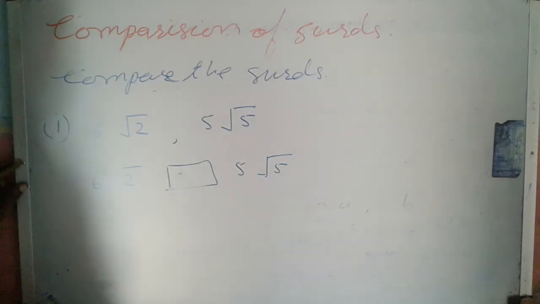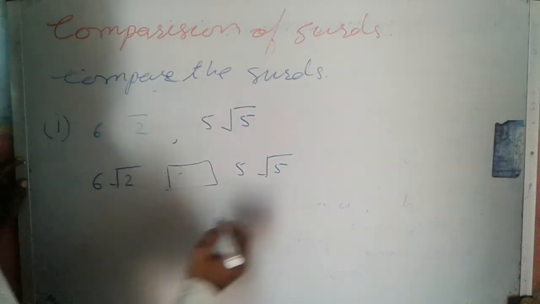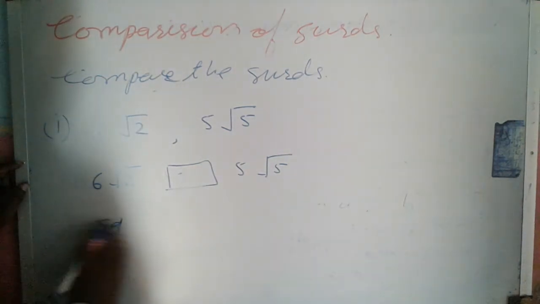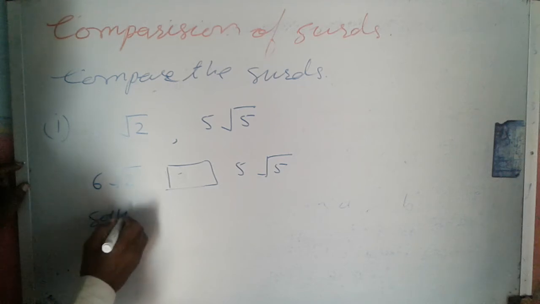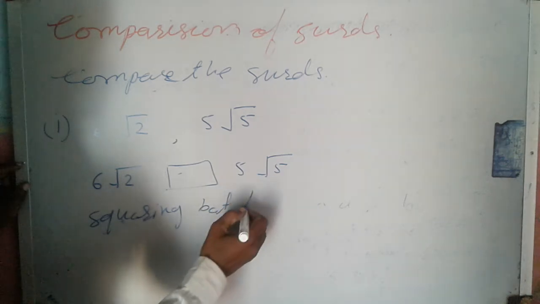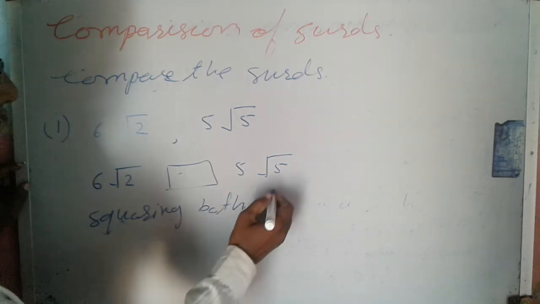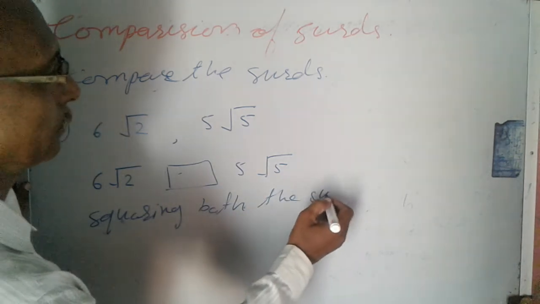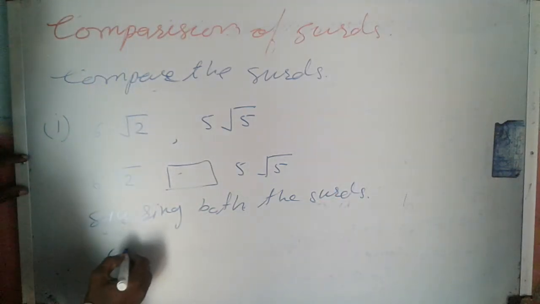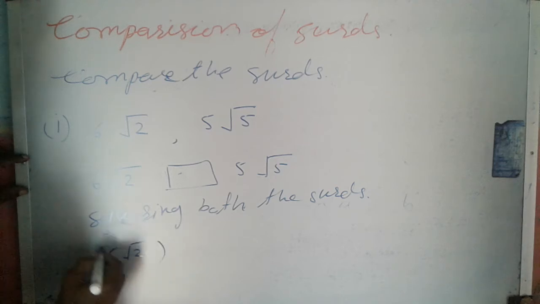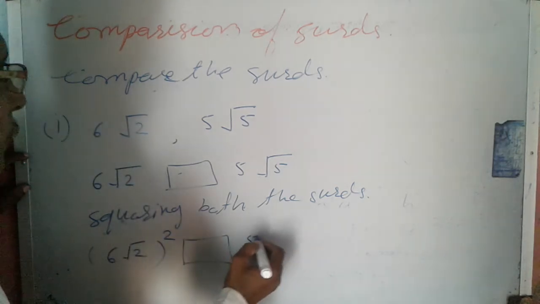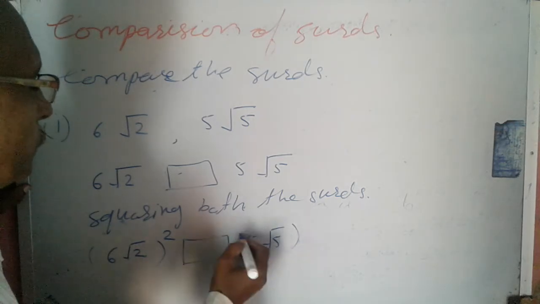So if we take square of both the sides, we get 6 root 2 square and 5 root 5 square.